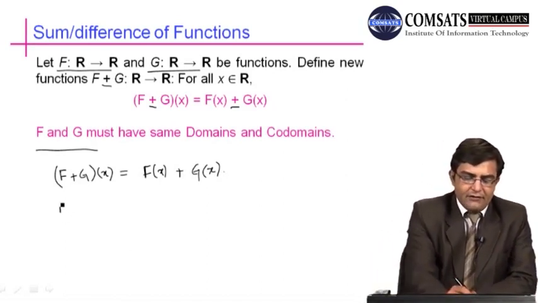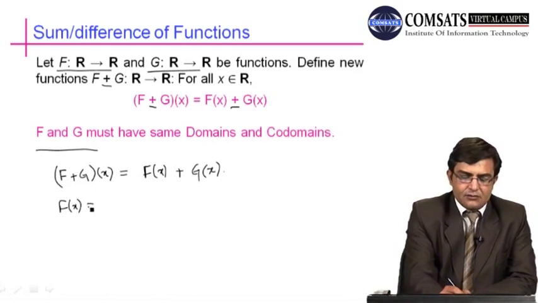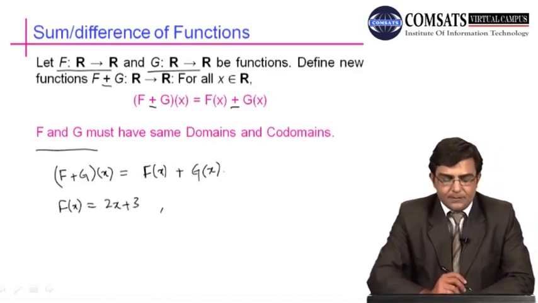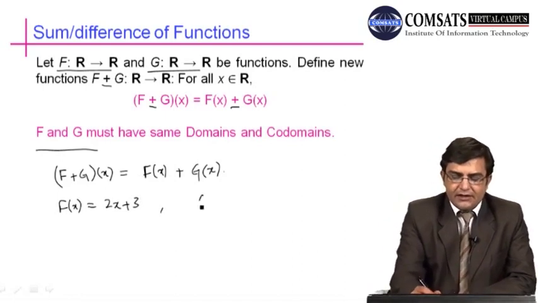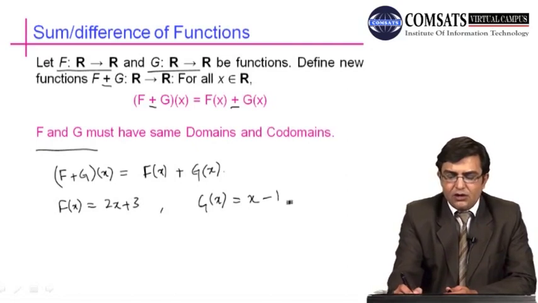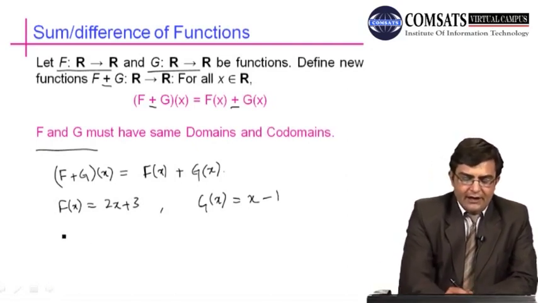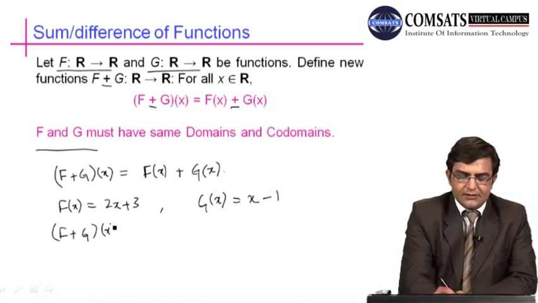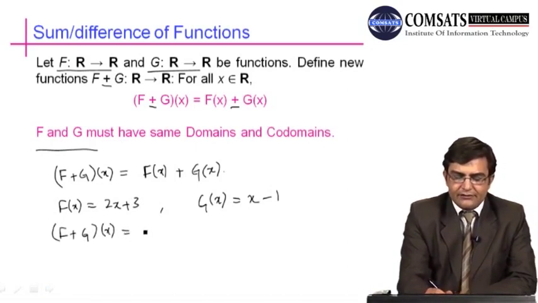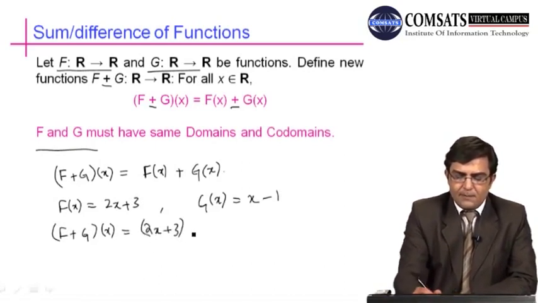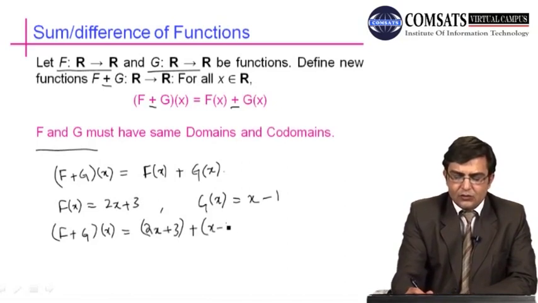For example, if we have F of X equal to 2x plus 3, defined on the set of real numbers, and another function G of X, which is x minus 1, then F plus G of X, the sum of the two functions, is defined as F of X plus G of X, meaning 2x plus 3 plus x minus 1.